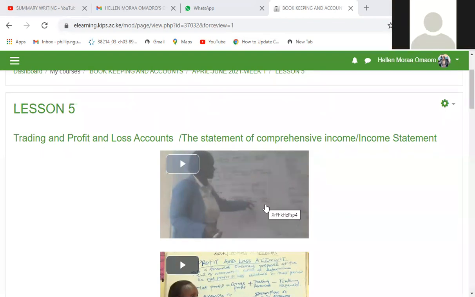As I said, the trading account is prepared in order to determine the gross profit, and the profit and loss account is prepared to determine the net profit.